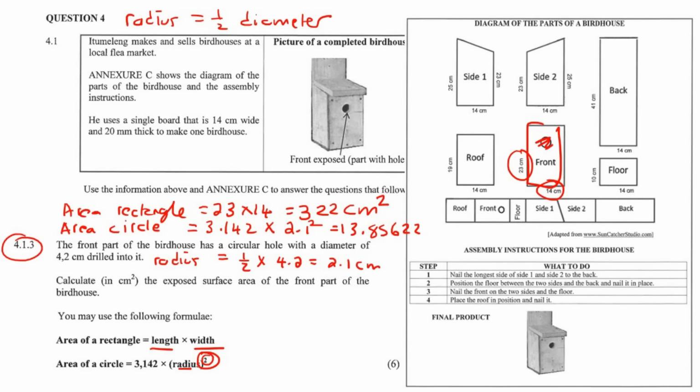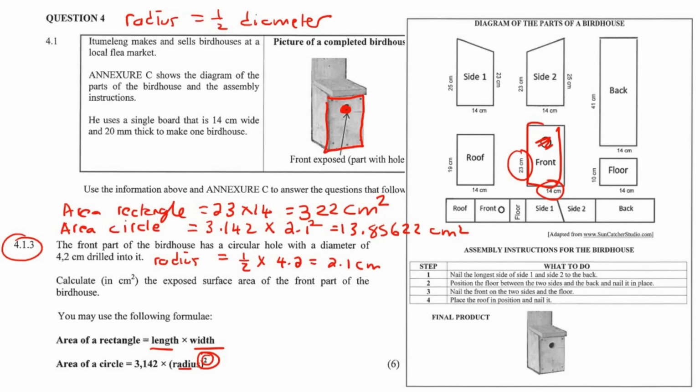Okay, centimeters squared. Now, think about this. We said that this entire area was 322. But the circle is actually empty space. It's empty, but we have already counted the circle in. We included all of that when we said 322. But this is actually empty space over here.